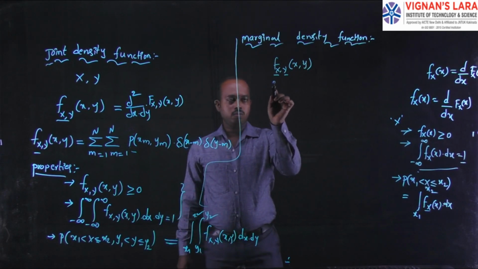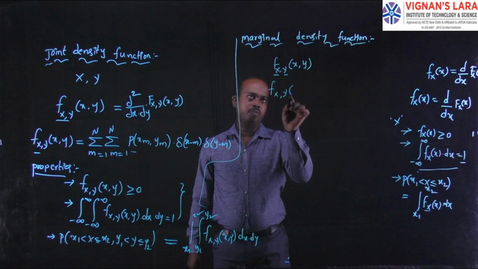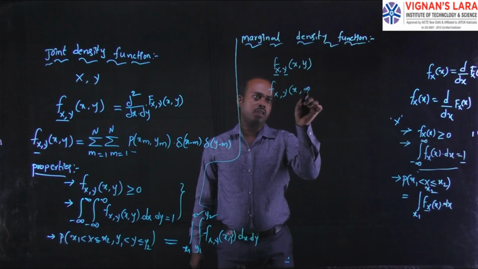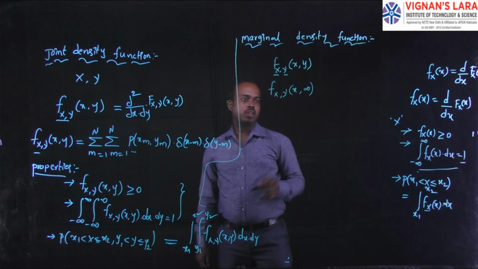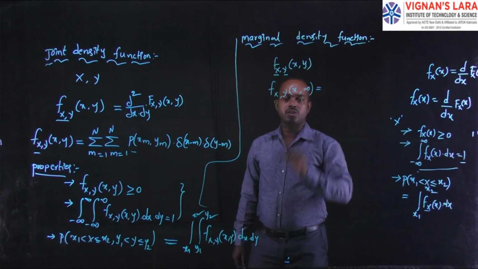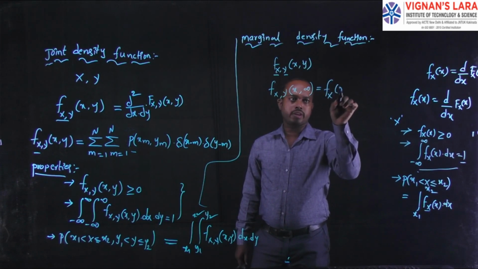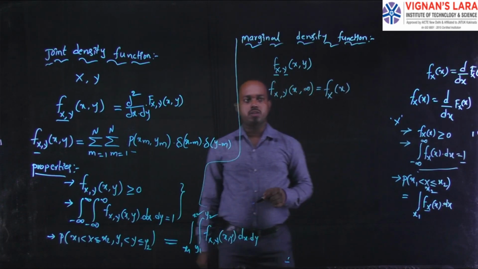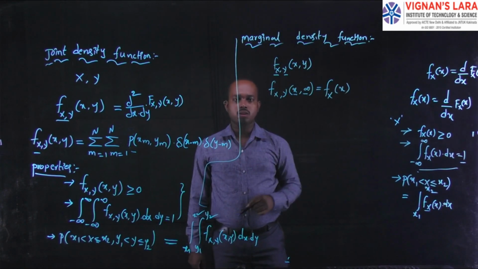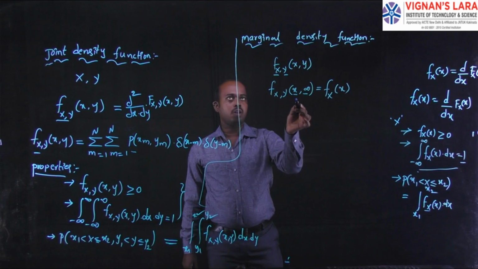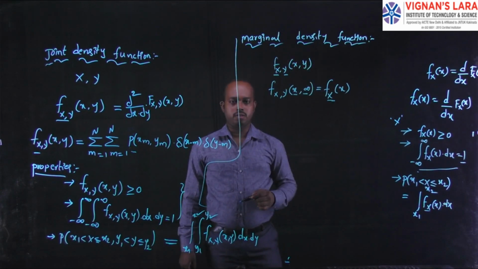For this f(x, y), the first one is normal and the second one is infinite. For this function, I write its integration. This entire value is equal to f_X(x). We can obtain the x value by making the y value infinite. This process is called the marginal density function of random variable x.